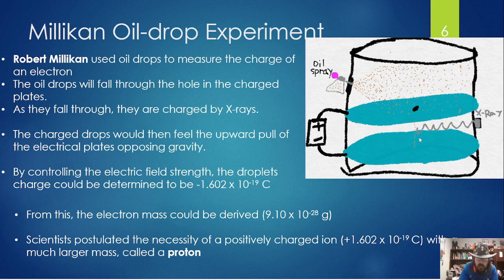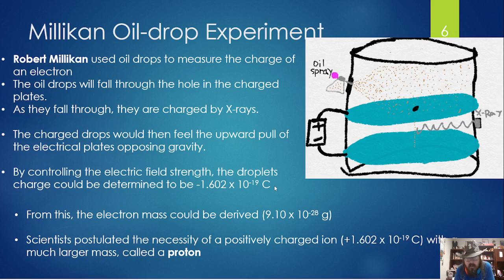The idea being, if he knows the mass of a droplet, which tells how much gravity is pulling it down, he can figure out how many charges are present and the effect of each charge that opposes the gravity pulling down. So by doing that, he can determine the charge of the droplet at 1.602 times 10 to the negative 19th coulombs.